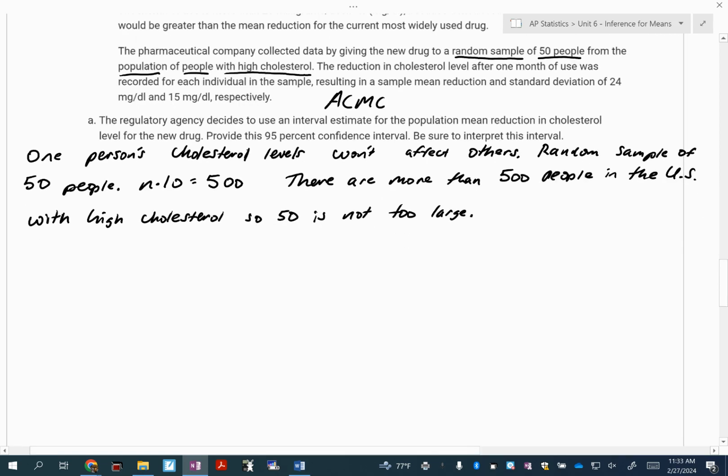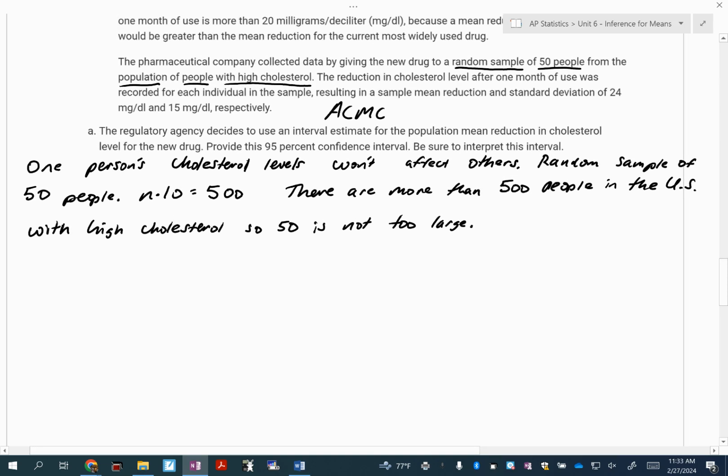Now, the next statement I need to assume is that if I did have the reduction in cholesterol levels from the entire population, if they were all to take this new drug, and I made a histogram of those reductions, I would see a histogram that is normal. I'm going to say the population histogram of cholesterol reduction is normal.